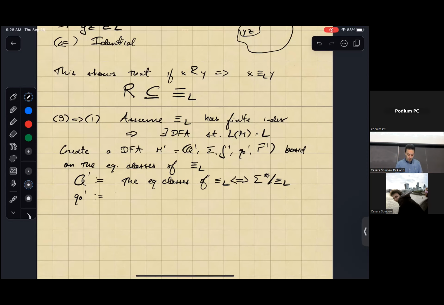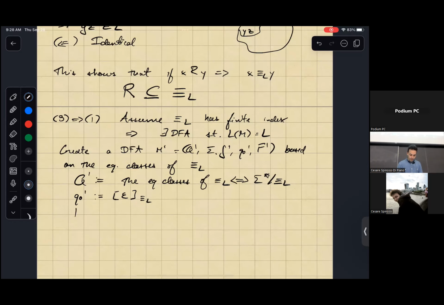So Q0 prime is the equivalence class of the Myhill-Nerode relation which has as representative the empty string. This becomes obvious when I prove why this machine is correct. For the time being, the intuition is that the empty string always starts and ends at the start state of any DFA.